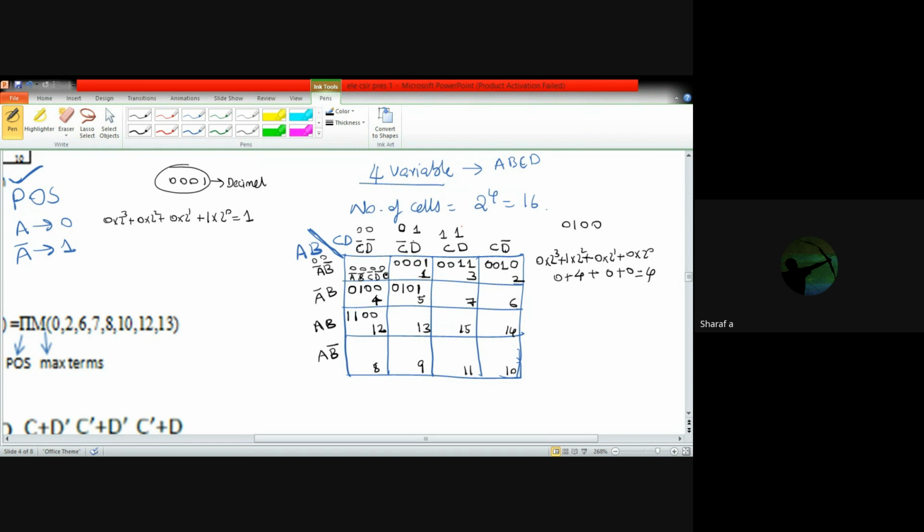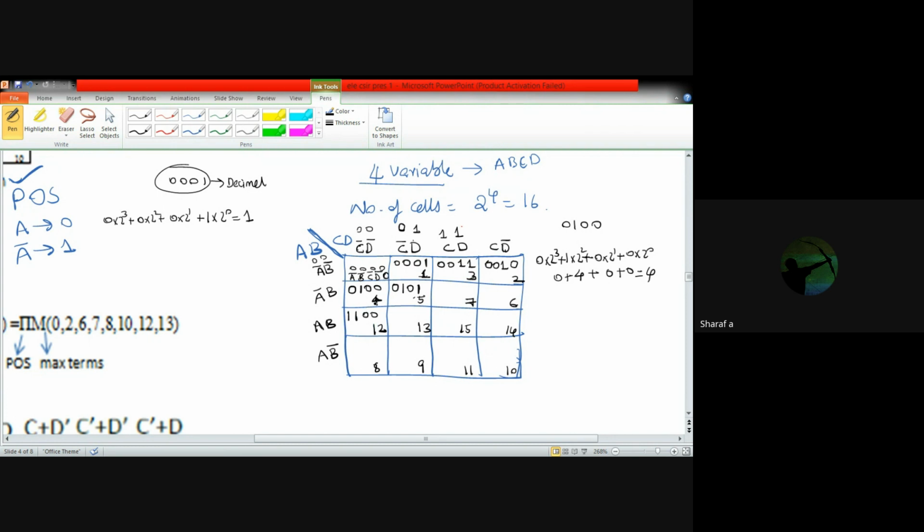So just look at this address. These are called the address of the cell: 0, 1, 2, 3, etc. All these things are addresses of the cell. Remember that this is 0, then 1, 2 will come at the end, then 3. Okay, 4, 5, 6 come at the end, and 7. Then 8 will not come here. 8 will come below, because in this direction we also have the same rule.